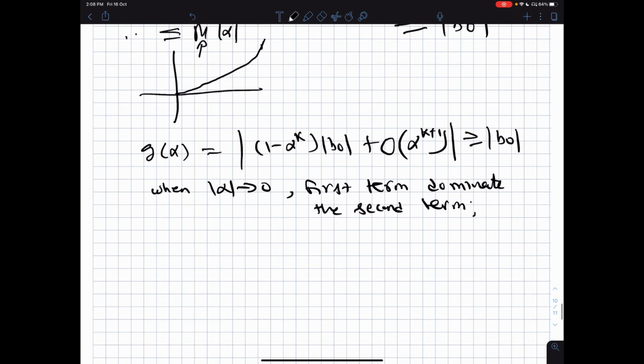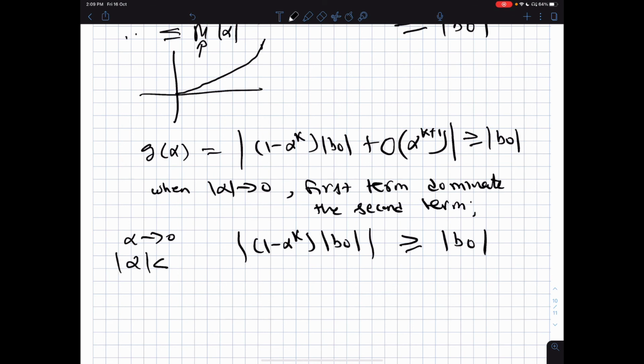So effectively, the statement becomes that when we are looking at some alpha, with mod of alpha below some positive threshold epsilon, the contribution of this term has become negligible, and so this term has to be greater than or equal to b naught.